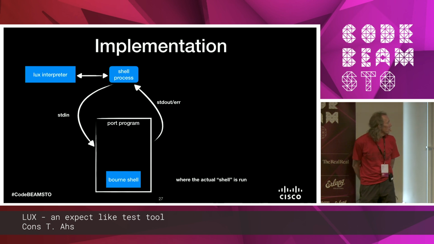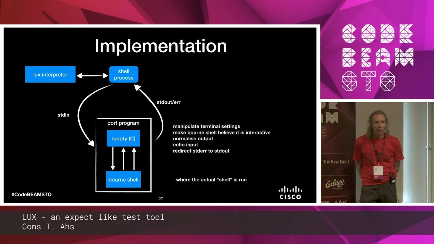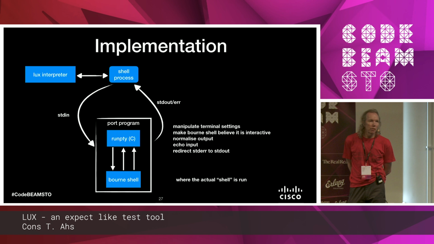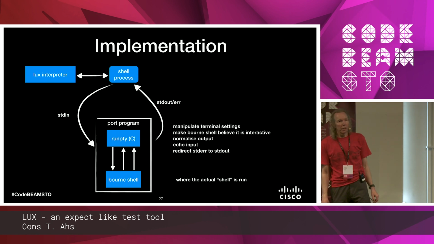But there's also some additional magic done with a small C program called run_pty, which acts as another man in the middle controlling the terminal, making the Bourne shell believe it's interactive, and normalizes output, so it's simpler to do matching. And the part about making the shell believe it's interactive is actually quite important, because that means you can test CLI interactions.